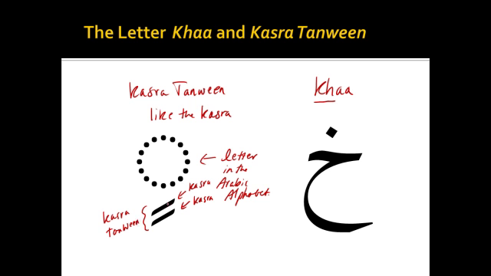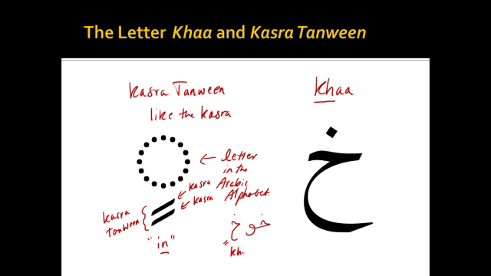Now the Kasra Tanween has an in sound. That noon is what we call tanween. So as you remember, if you remember the word that we had, which was khin, we have the I sound for the kasra, and we have the noon sound here for the kasra tanween.